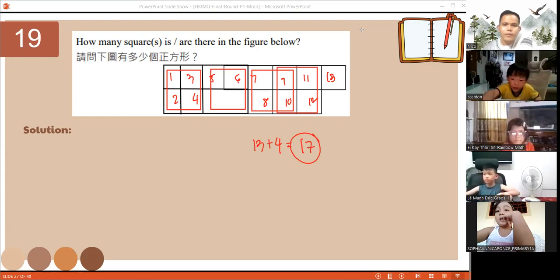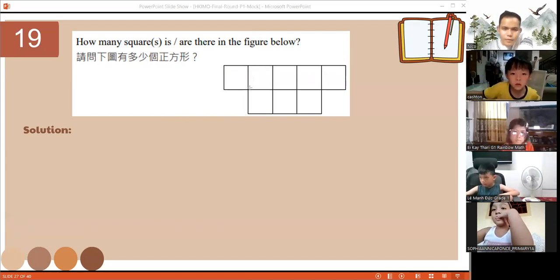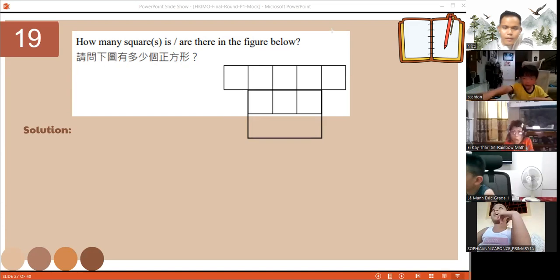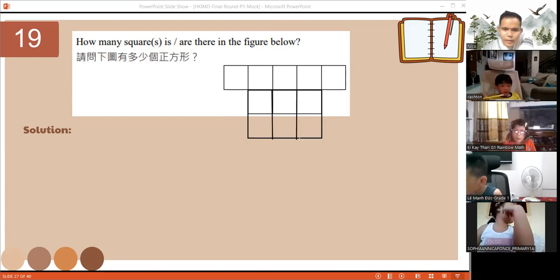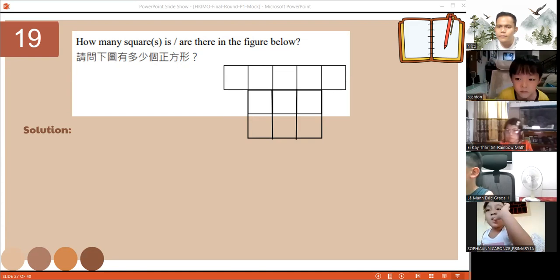Okay, one more, so that everyone will get the correct answer. Let's extend it here. Then we put a line here and we put a line here. Okay. Hopefully everyone will get the correct answer here.